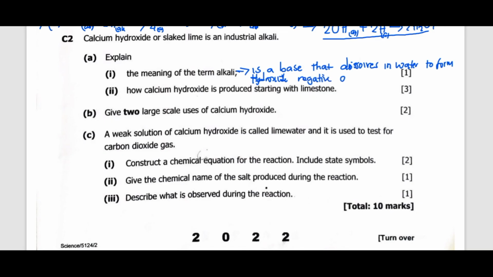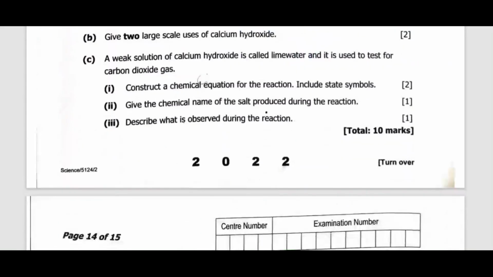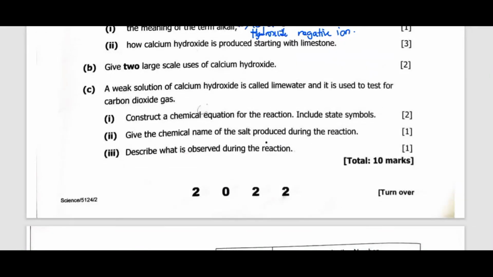Then explain how calcium hydroxide is produced starting with limestone. So where can I write these points? So I'm writing these points here. So the first one will say calcium carbonate, which is limestone.